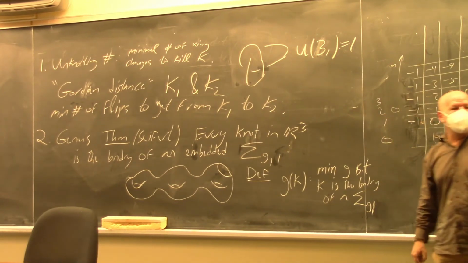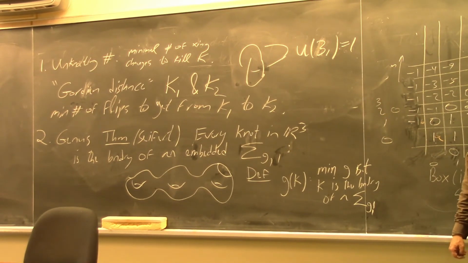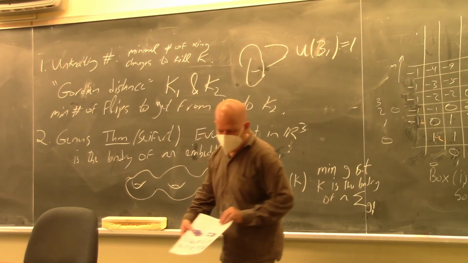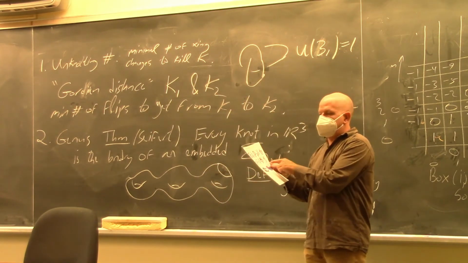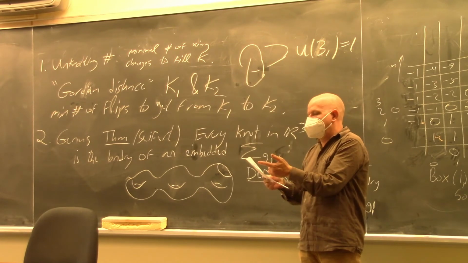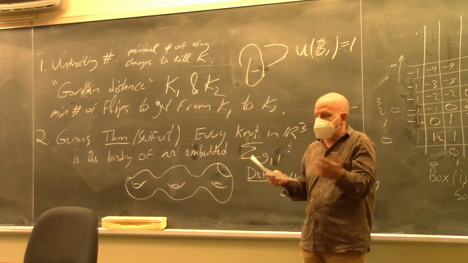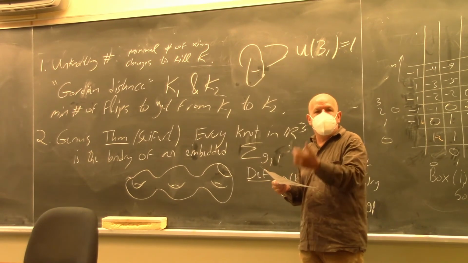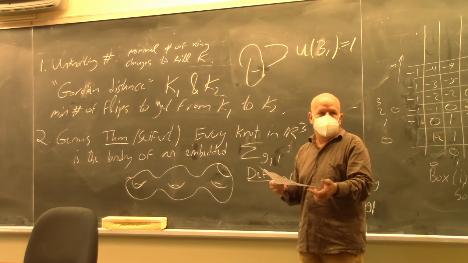So the minimum genus of a surface whose boundary is the knot. In the handout that I gave you, the first 8 pictures are pictures of various knots with surfaces whose boundaries are that knot.